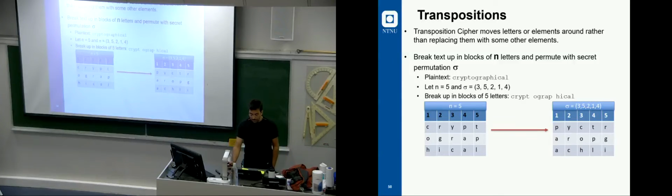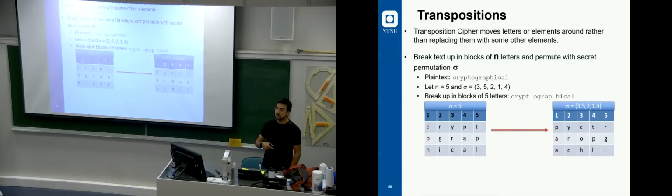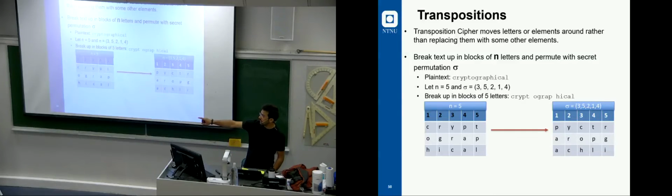Then I need to convert it into permutes, whatever permutes I get out of that matrix. If I read that in rows, it will be PVCTR. What will be the second?